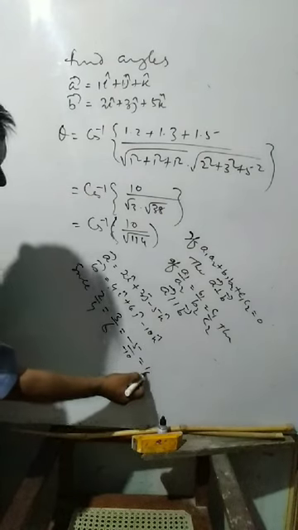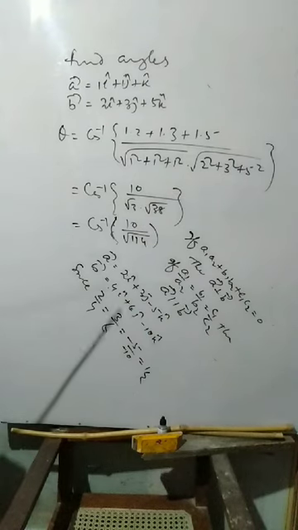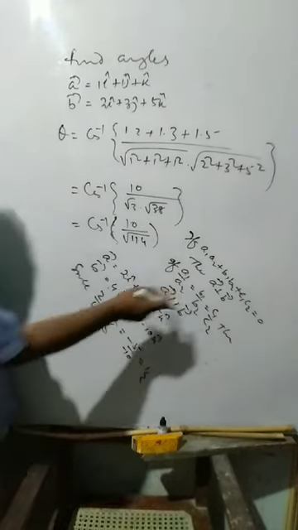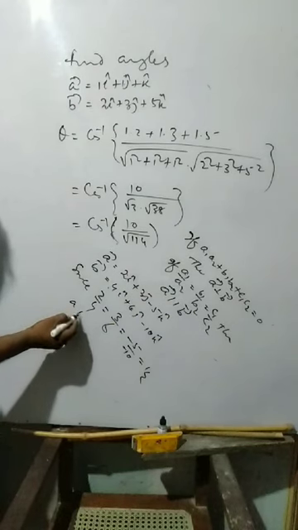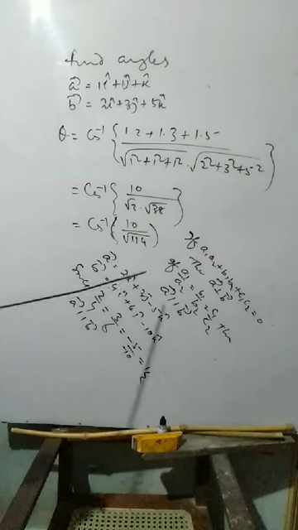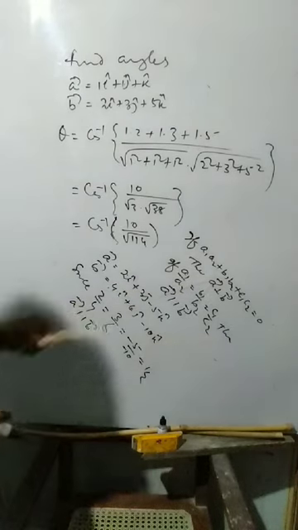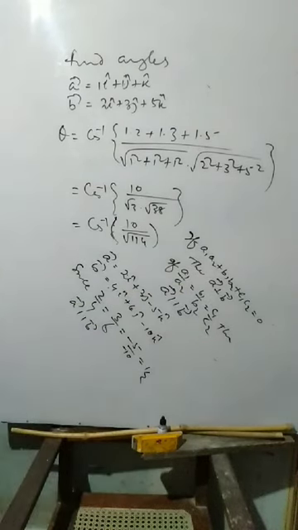All are equal to 1 by 2. So this condition applies, and vector A is parallel to vector B. This is the condition for parallelism, and the other is the condition for perpendicularity.